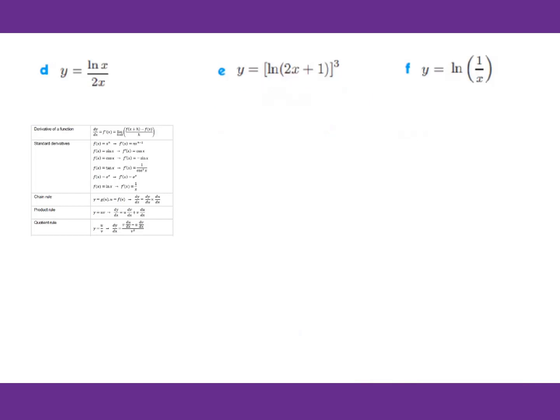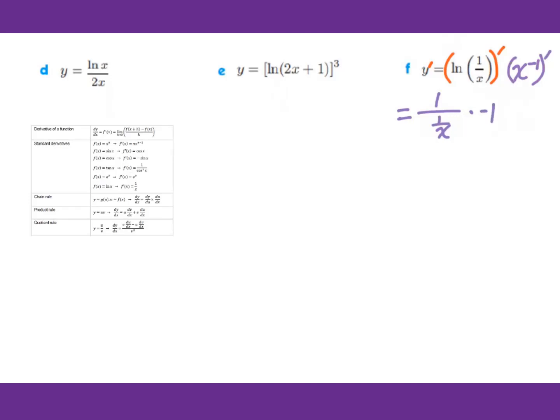For the f, do the derivative of this y means the derivative of this function. We know this is a natural log function, so we do 1 over x times. Then we do the derivative of x to the negative first power.